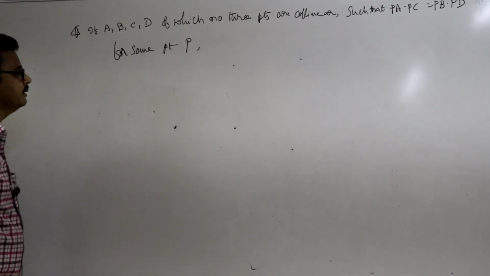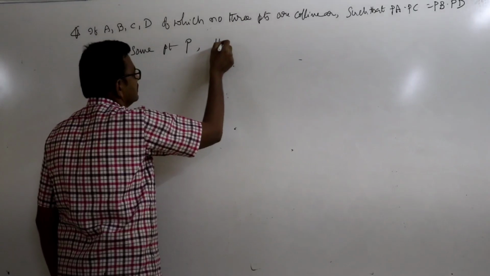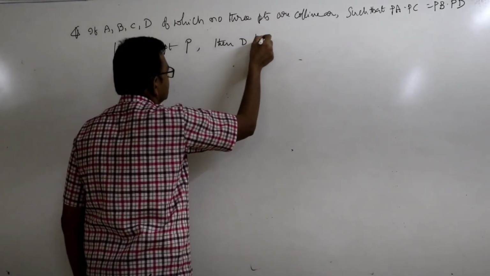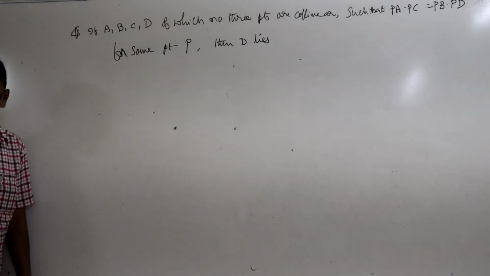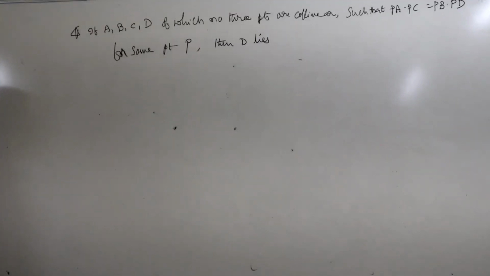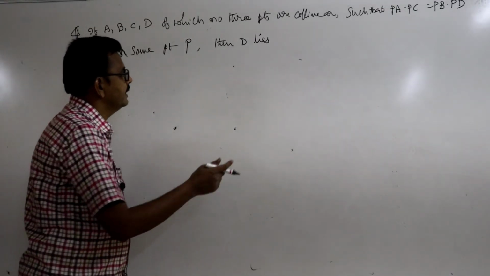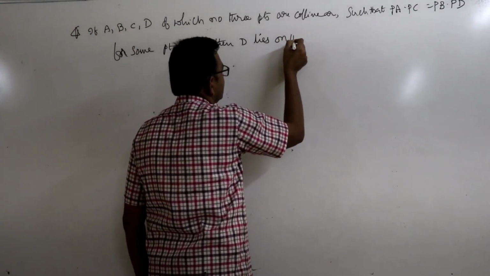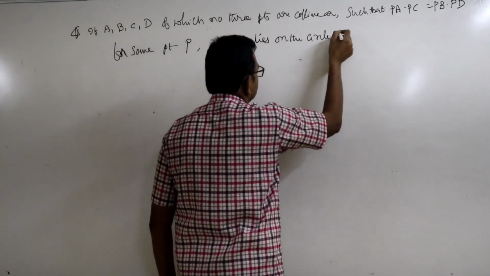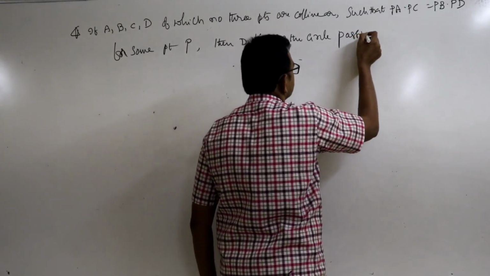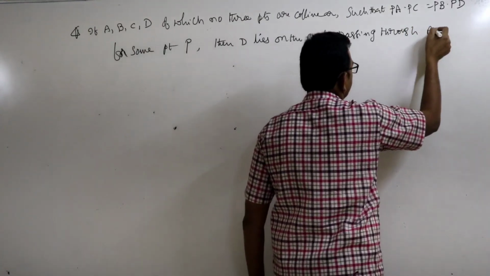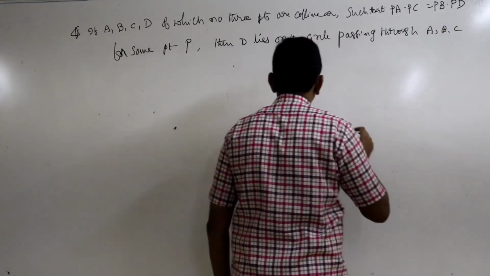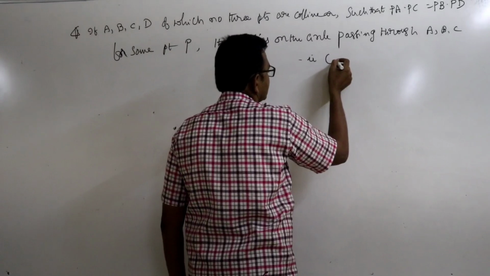then D lies on the circle passing through the points A, B, C. That is, the points are concyclic.